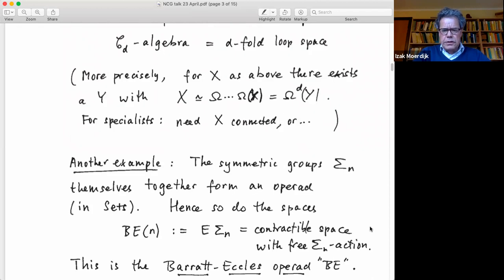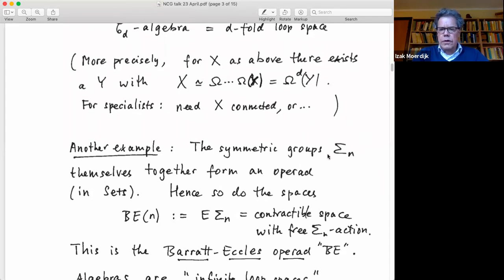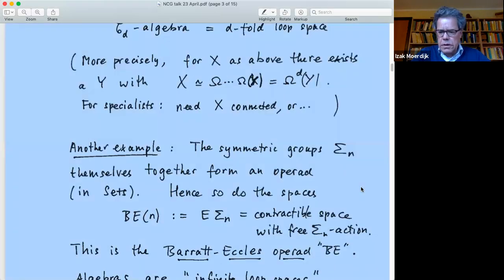Here's one other example, which looks completely different, but is closely related to the previous example. The symmetric groups, sigma n, also form an operad, because if you think of the elements of sigma n as permutation matrices, you can substitute matrices for the ones in another matrix, and this gives you exactly the operad structure.